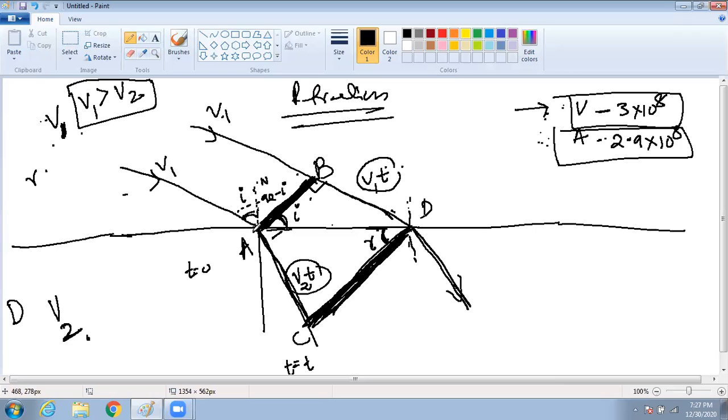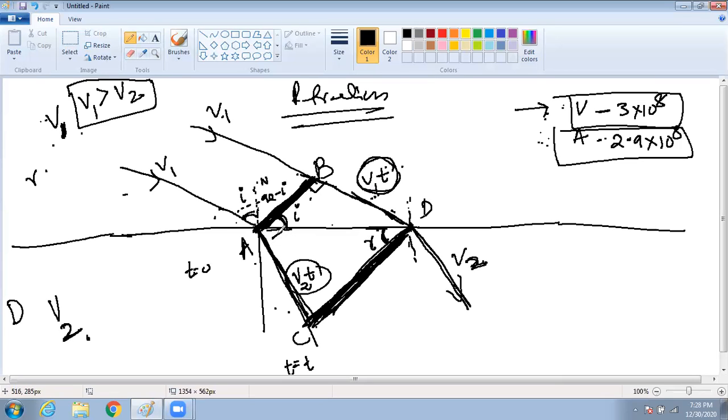Once it crosses the surface, the velocity of this ray becomes V2. This ray at t equal to t has passed the refracting surface, so the velocity has reduced to V2. But here you see this ray is still here only, so the velocity is still V1. So the distance is V1t.